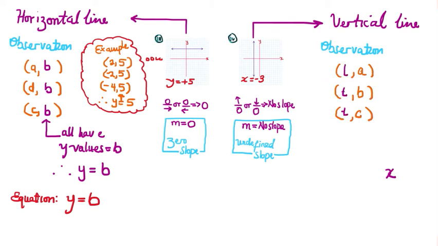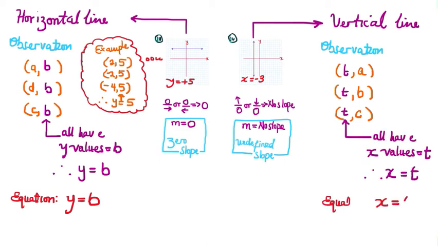So if t is a number that repeats for the x, that t is actually the x-intercept, and that represents the equation of the line x is equal to t. And this actually tells me that this is a vertical line, which is an undefined slope.